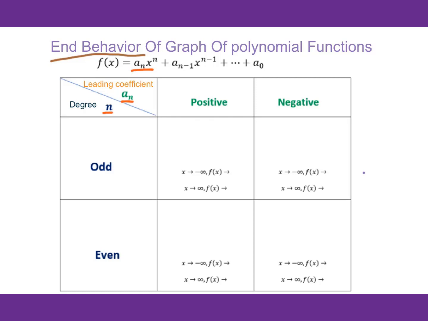How do you remember the end behavior of the graph of a polynomial function? You need to remember some typical functions we already learned.